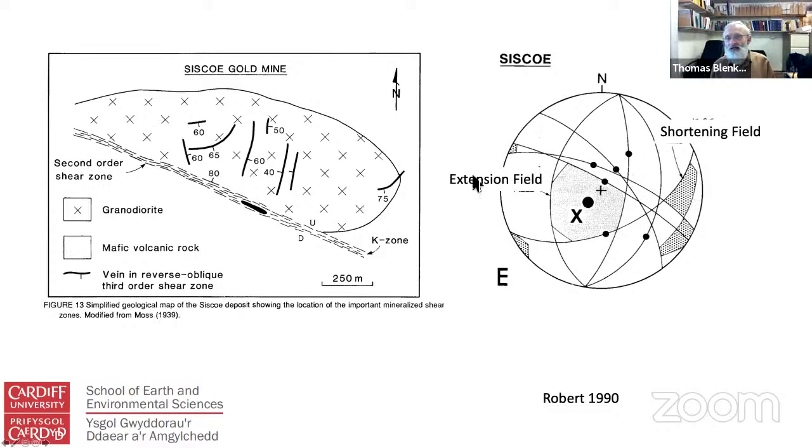So I think the evidence is now becoming quite compelling that we can do this if we map sufficiently carefully, and we also look at kinematics. We can see that what appear to be very many different and perhaps arbitrary orientations may in fact belong to a common deformation with a common strain field, and that would have tremendous predictive possibilities as well for exploration.